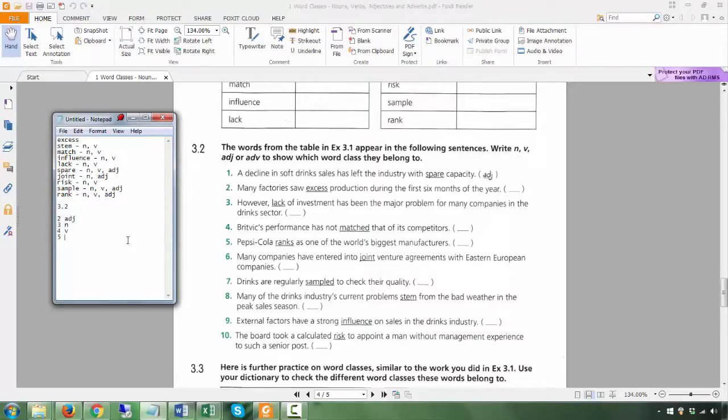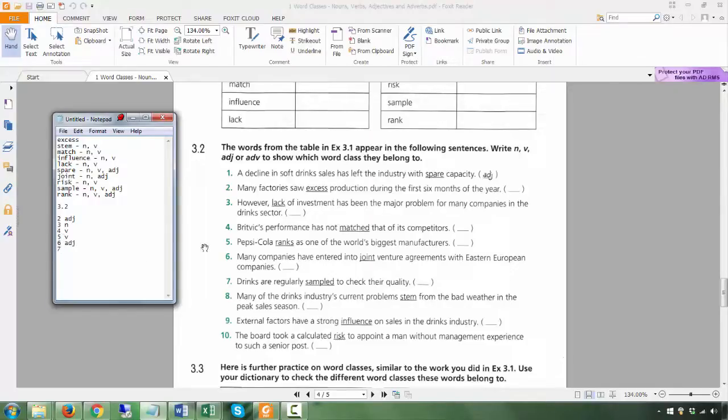Ranks is a verb. Okay. In the present simple tense, many companies, subject, have entered, present perfect simple tense, into joint venture agreements, right? Joint here is being used as an adjective.